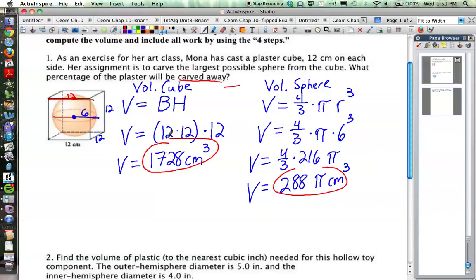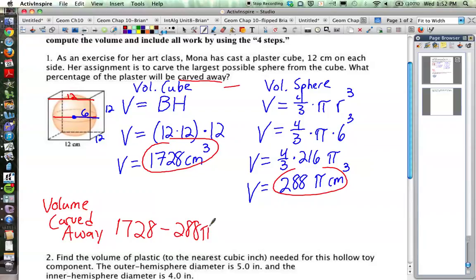So the volume carved away will be 1,728 cubic centimeters minus 288 pi cubic centimeters. And that gives you approximately 823.22 cubic centimeters that is carved away.